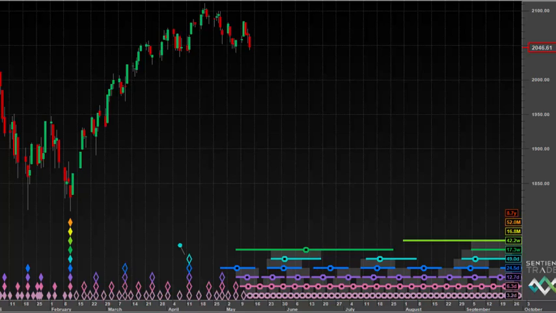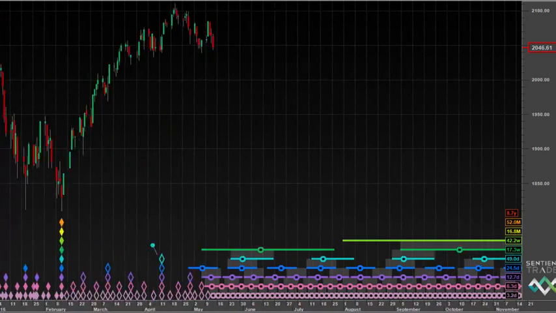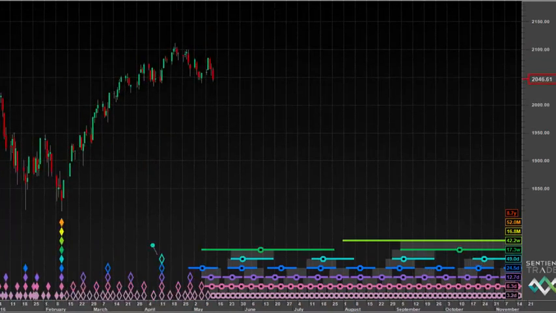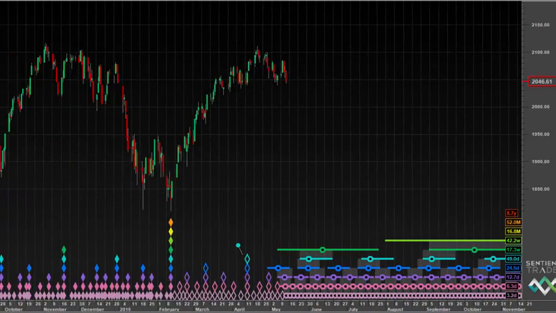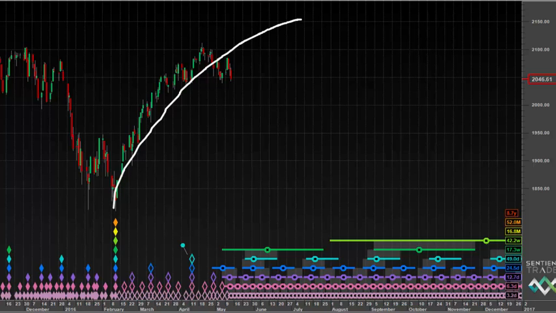The other possibility, in terms of what is happening right now, is that we have a 40-week dominant cycle. And let me just zoom out a little bit and show you what a 40-week dominant cycle would mean. I need to go even slightly further back. 40 weeks is about 9 months, of course. And so if the 40-week cycle is currently dominant, then we would expect to see a strong move up to the 40-week cycle peak, which we don't know yet where that's going to form.